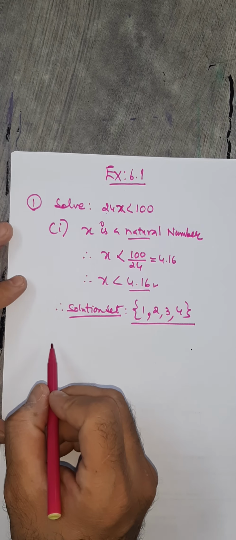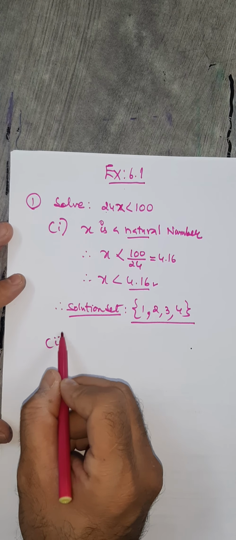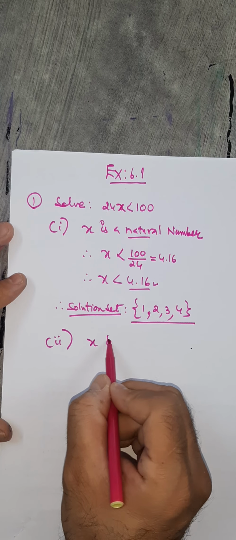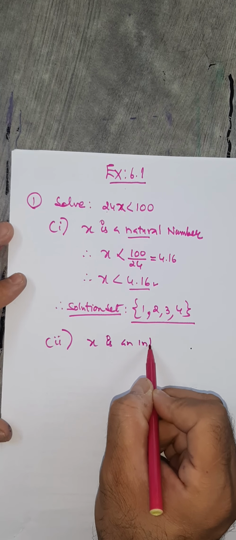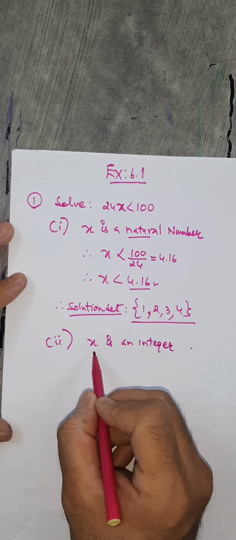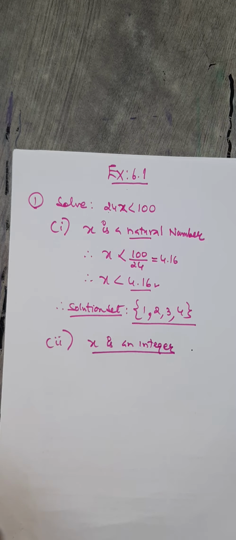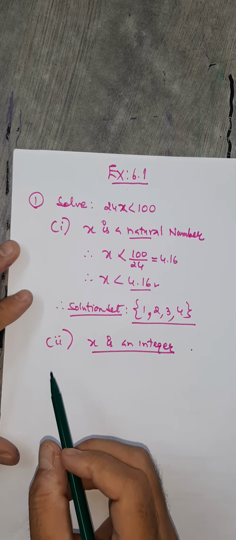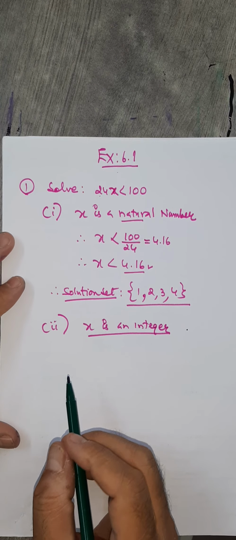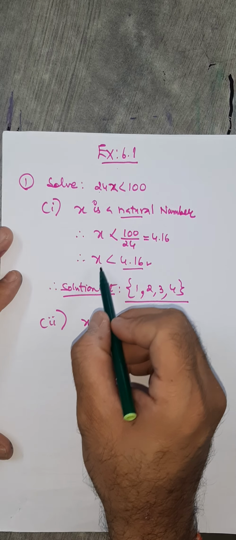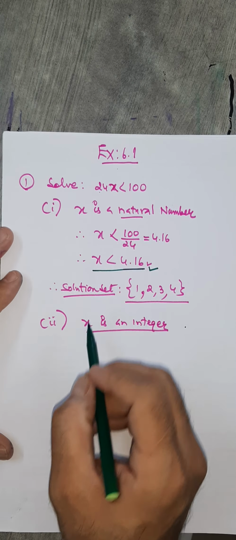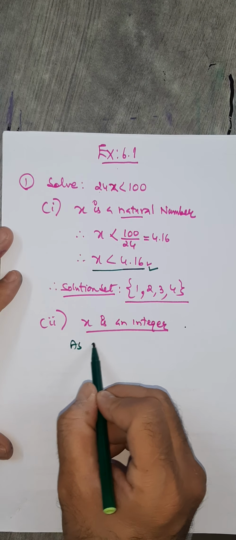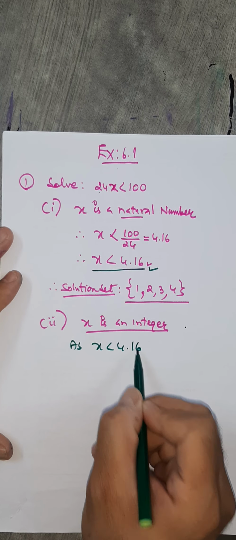Now the second sub-question: x is an integer. x is an integer means it can be negative also, remember. So in this case, x is less than 4.16.